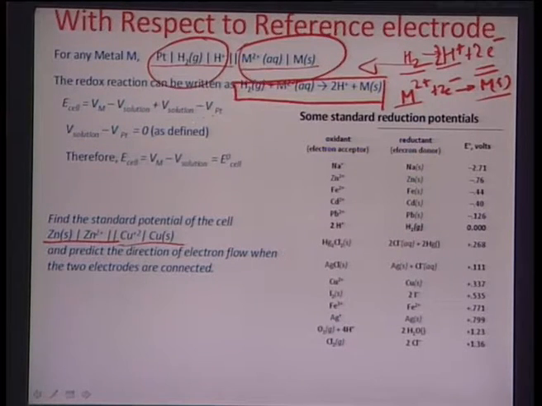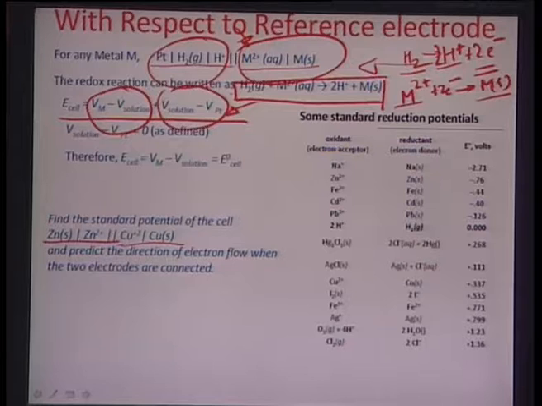For this particular cell again, E cell is the voltage on the right side minus the voltage on the left side. So, essentially it is the voltage of metal minus voltage of solution, plus voltage of solution minus voltage of platinum.